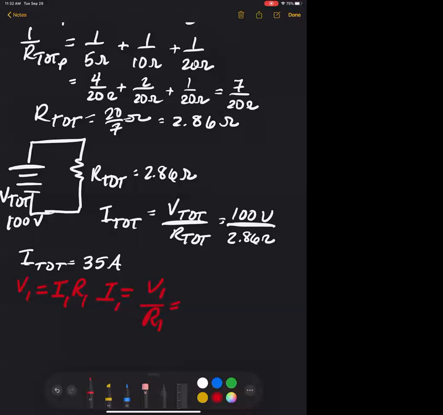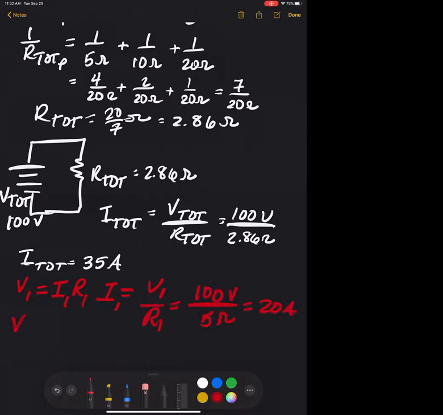So if I know they're all the same voltage, so that's 100 volts divided by R1, which I have to go back and remember what it was. I think it was 5. Okay. So that's just 100 divided by 5, which is easy enough. It's 20.